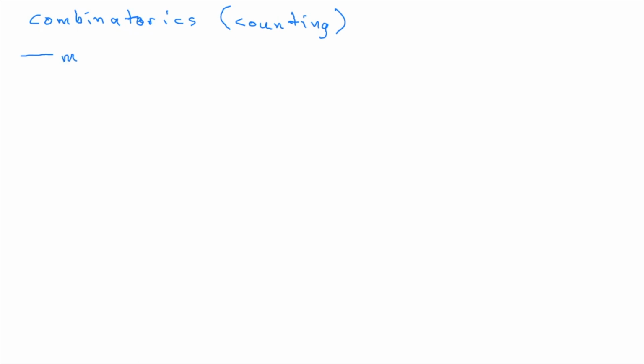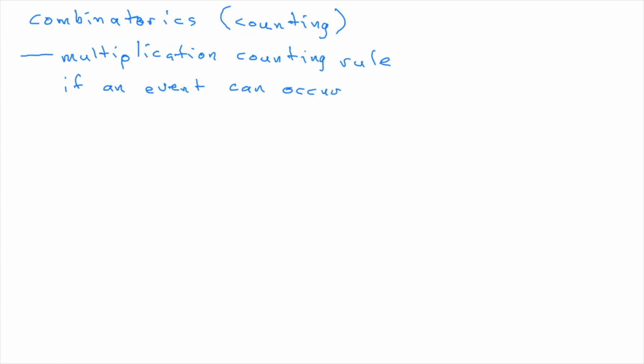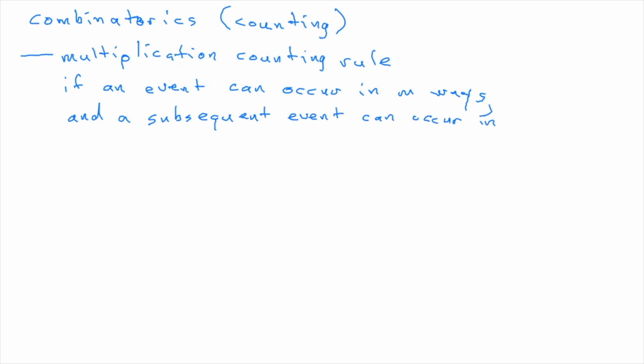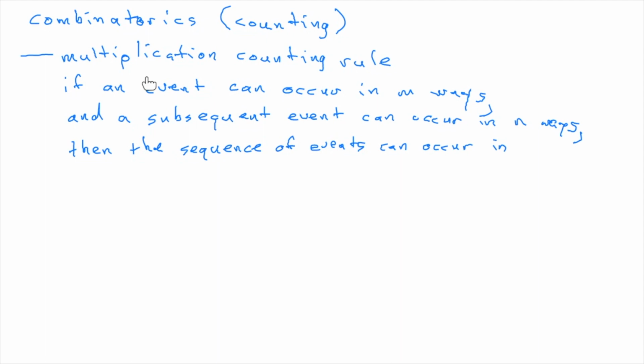We learned something called the multiplication counting rule. And what did it say? It said that if you have some event, and if that event can occur in a certain number of ways, let's call it M, just to be really generic, in M ways, and then suppose you have another event, some following event, some subsequent event, in N ways, and again we're using these variable names to be generic, well then the sequence of events one after the other can occur in, and we called it the multiplication counting rule.